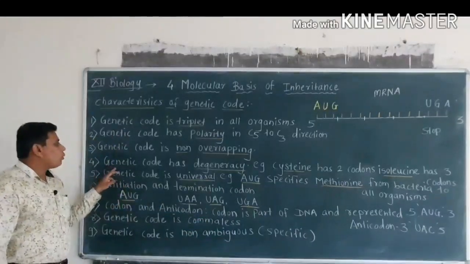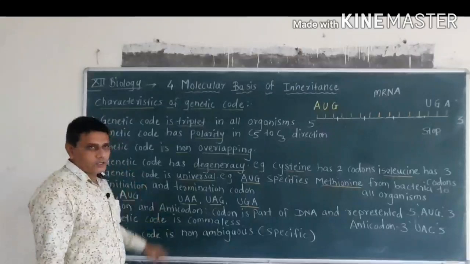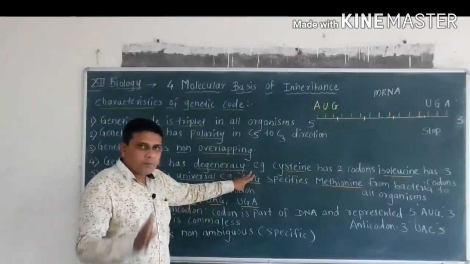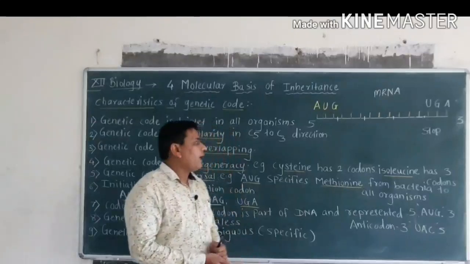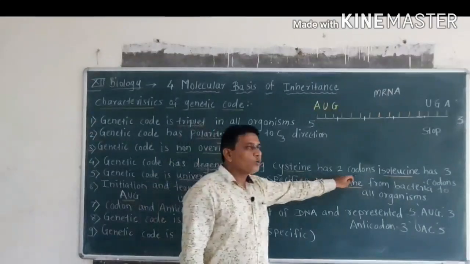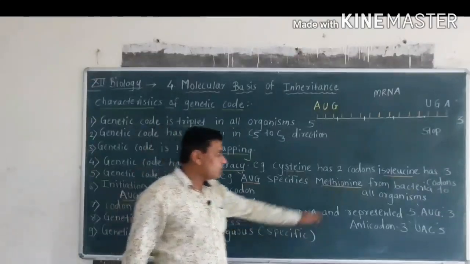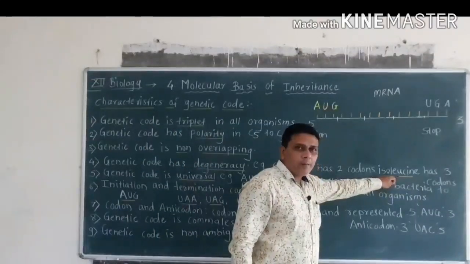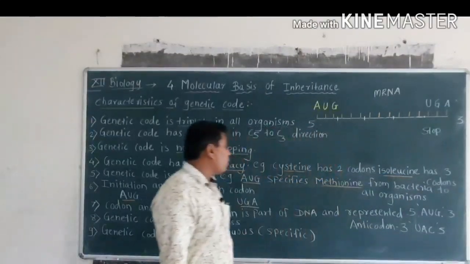Then genetic code has degeneracy. Now degeneracy means, for example, cysteine is a type of amino acid and is coded by 2 codons, while isoleucine is a type of amino acid which is coded or specified by 3 codons.